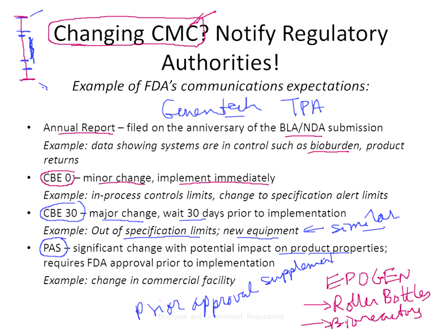They were applying for approval for TPA, and what they did was when they did their clinical trials, they used roller bottles. Okay, and when they started manufacturing the product, they went to a bioreactor.